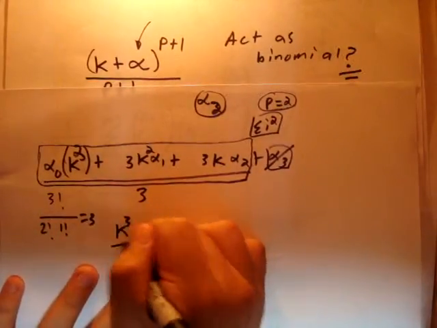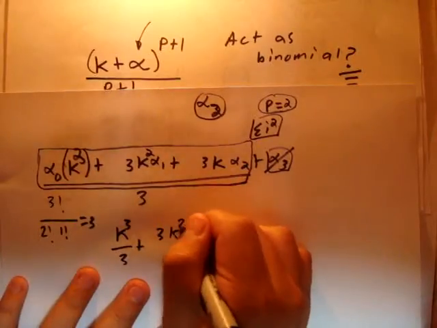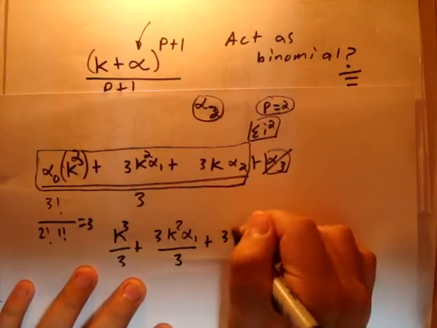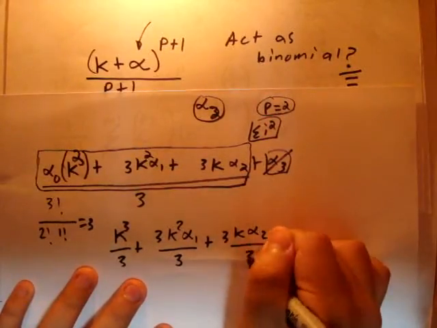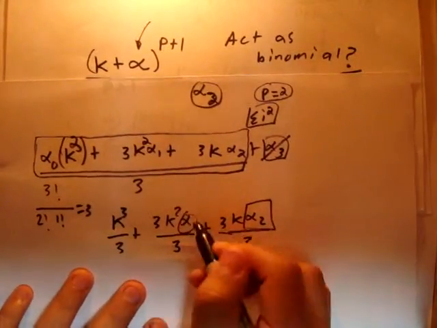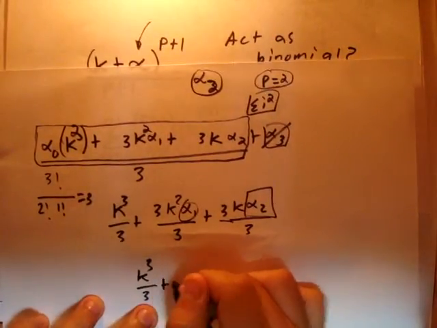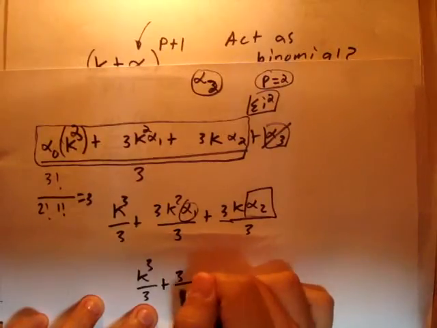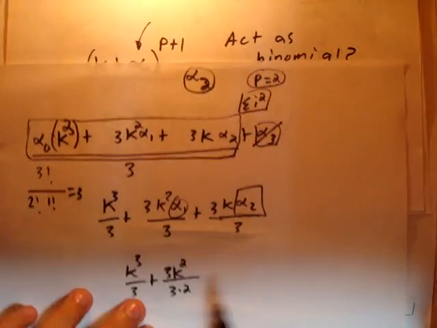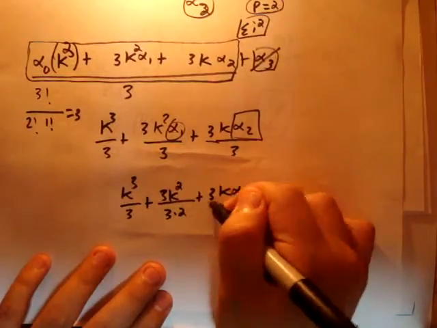We're going to have k cubed over 3 plus 3k squared alpha 1 divided by 3, and plus 3k alpha 2 divided by 3, and this is what we're trying to find. Here the 3s cancel, we know what alpha 1 is due to the previous exposure, and I'm going to leave the 3s like this for a reason. Alpha 1 is half.